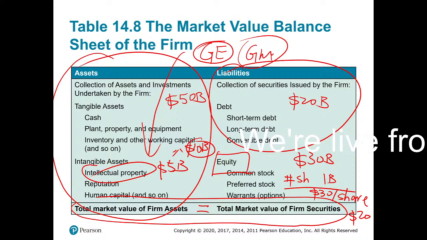And what we find is that people are willing to pay more than $20 per share. Sometimes $25, sometimes $30. That's what we call a block premium.